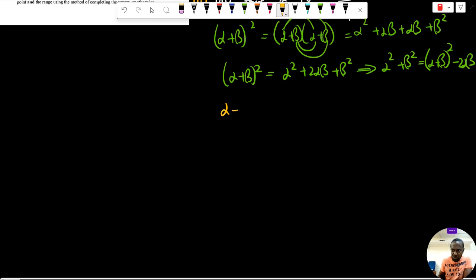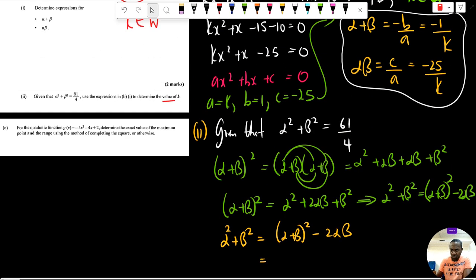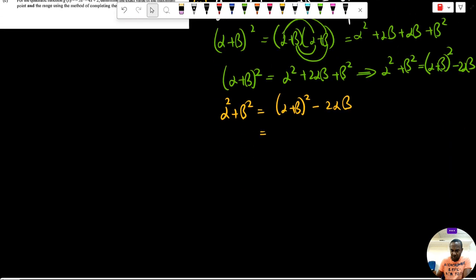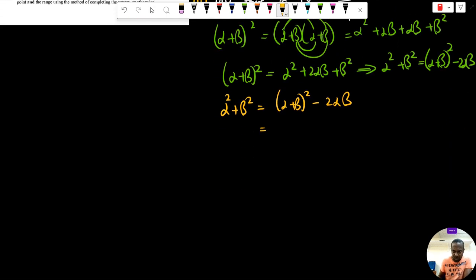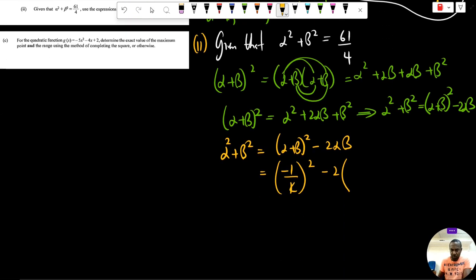So we have alpha squared plus beta squared is equal to alpha plus beta all squared minus 2 alpha beta. And this is going to be giving us, so let's go ahead, alpha plus beta equals minus 1 over k. So now we have, this is equal to minus 1 over k squared, and this is minus 2 times alpha beta, which of course is minus 25 over k.